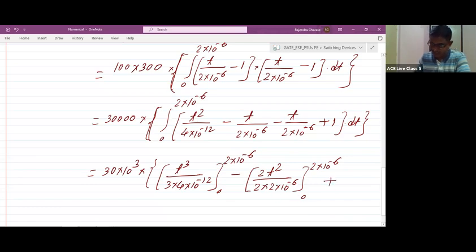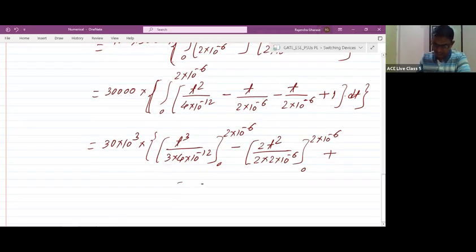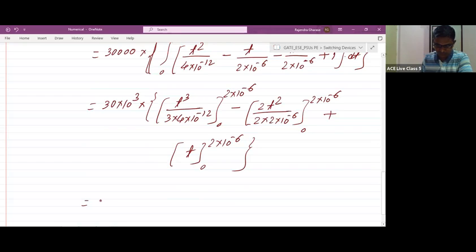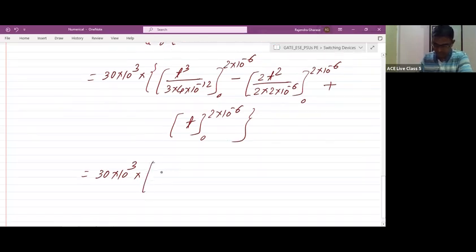Next, plus here it is a t. Integration of 1 is t. 0 to 2 into 10 to the power -6. Now you can check, which is equal to 30 into 10 to the power 3 into, we can write it as, yes, this can be written as 2 into 10 to the power -6 cube.